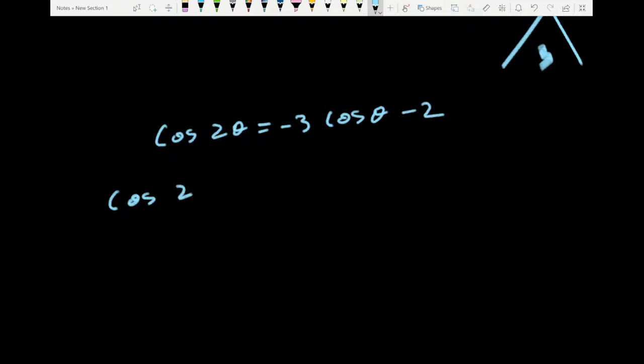So cosine of 2 theta plus 3 cosine of theta plus 2. This takes me nowhere.